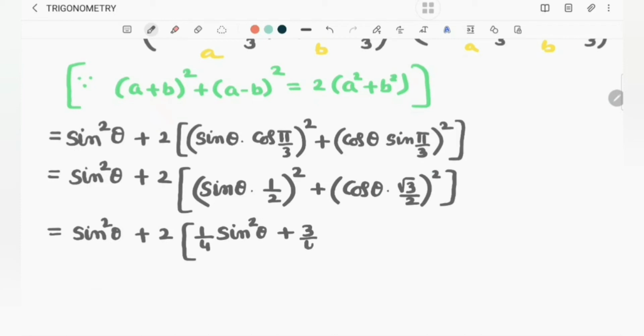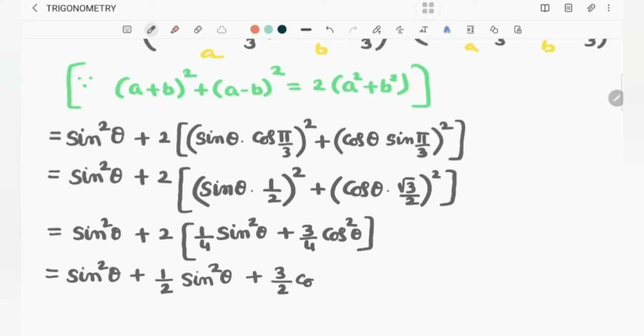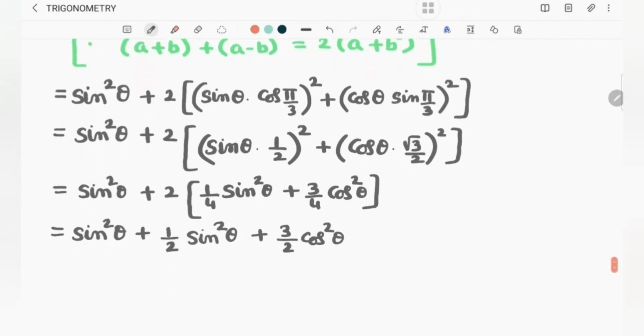So 3 by 4 cos square theta. So sin square theta plus, each and every term multiplying by 2, it becomes 1 by 2 sin square theta plus 3 by 2 cos square theta. Why? Because multiplying by 2: 2 ones are 2, 2 fours are 8.